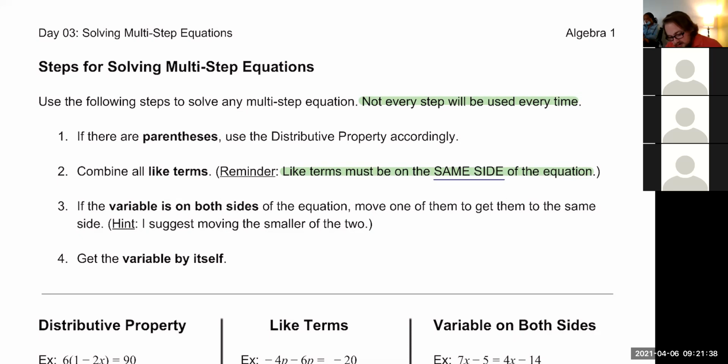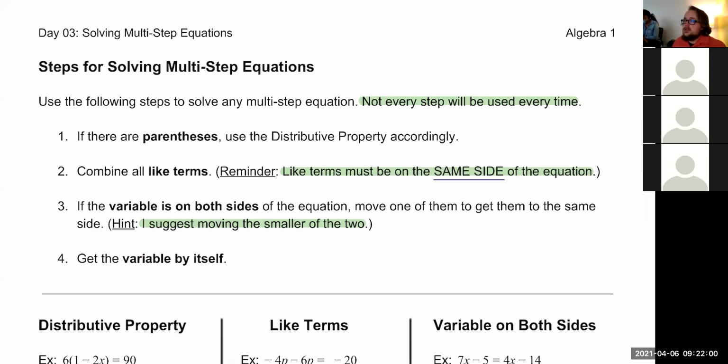Now, I have a hint there for you. Maybe not a hint, I should say suggestion. If you have a variable on both sides, technically you can move either one by doing the opposite. But my recommendation is move the smaller of the two. And here's my reasoning for that.